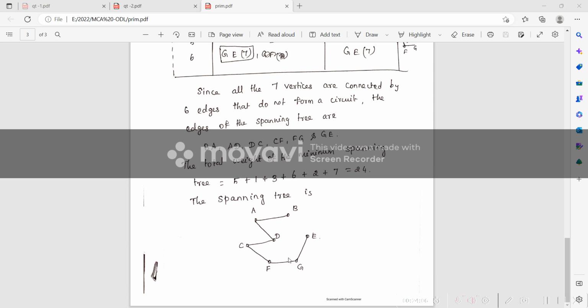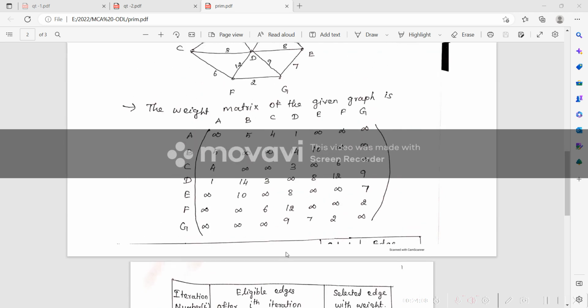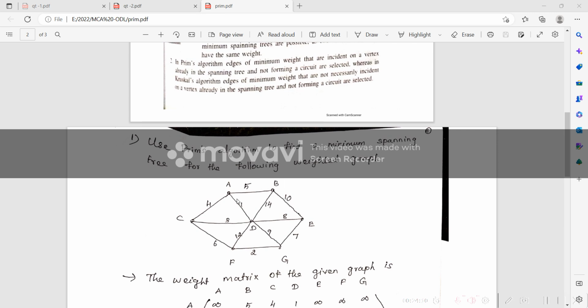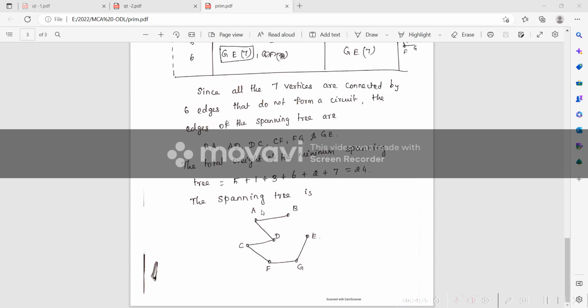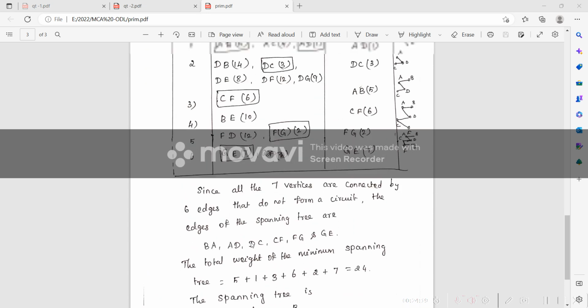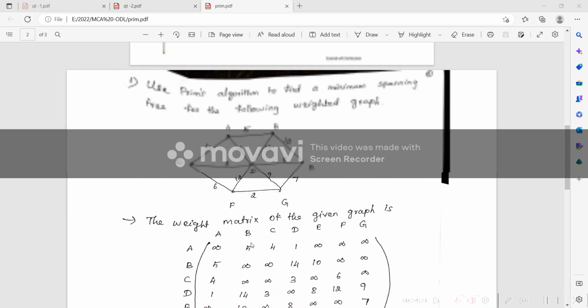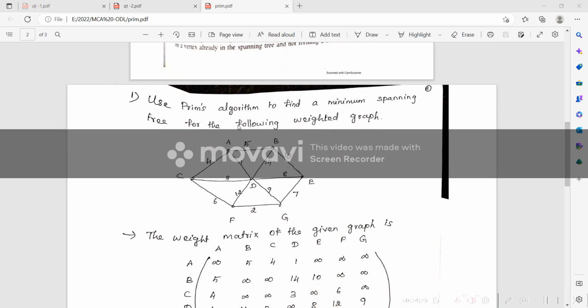So it is a tree. Since this tree consists of all the 7 vertices of the given connected graph, this tree is known as a minimum spanning tree. So Prim's algorithm is used to find the minimum spanning tree for any given connected graph.